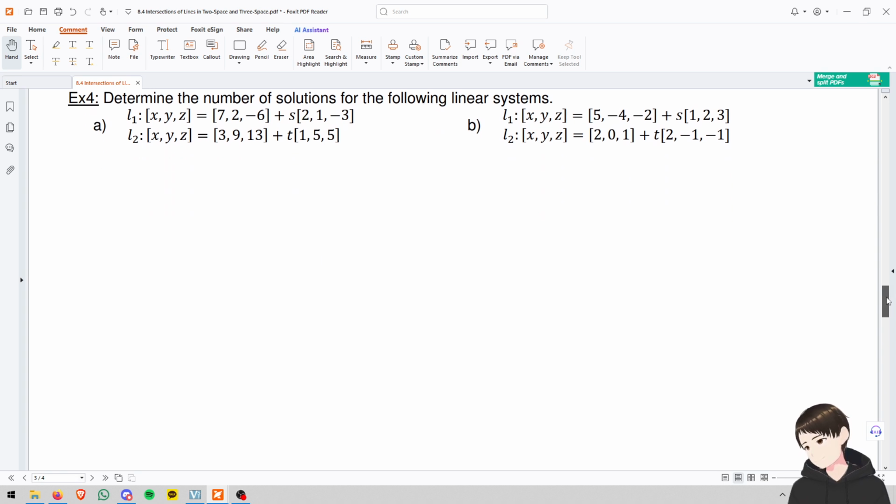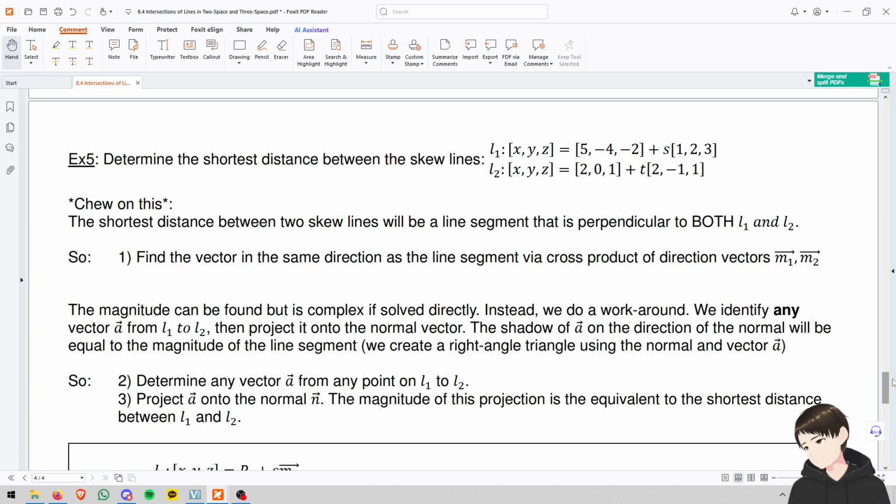Example 5 is particularly special, particularly important. And so I am going to save this for Monday. Now, that might be bad news for some of you because I know I'm gonna sound so annoyed by this, but I'm not pulling my hair.